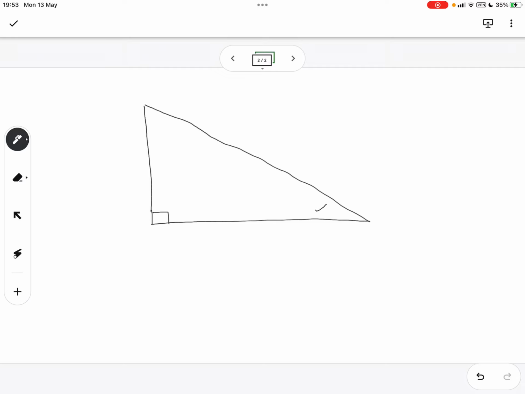So when we have a right angled triangle like this, if this angle here is alpha and that angle there is beta, one of the things we've learned in geometry so far is that inside a triangle, let's call this ABC, the sum of angles equals 180 degrees.